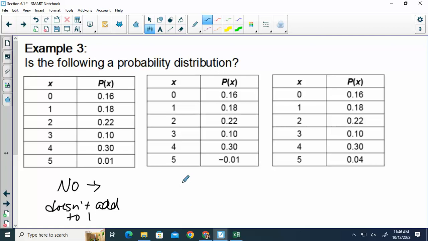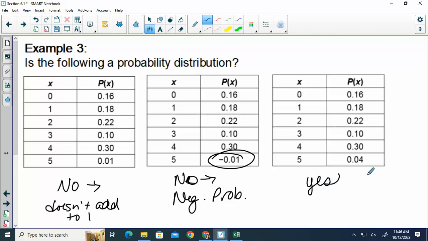All right, what about this one? Why? Right, not everything was between 0 and 1. All right, what about this one? Yes. Every probability is between 0 and 1, they add up to 1. Are those okay?